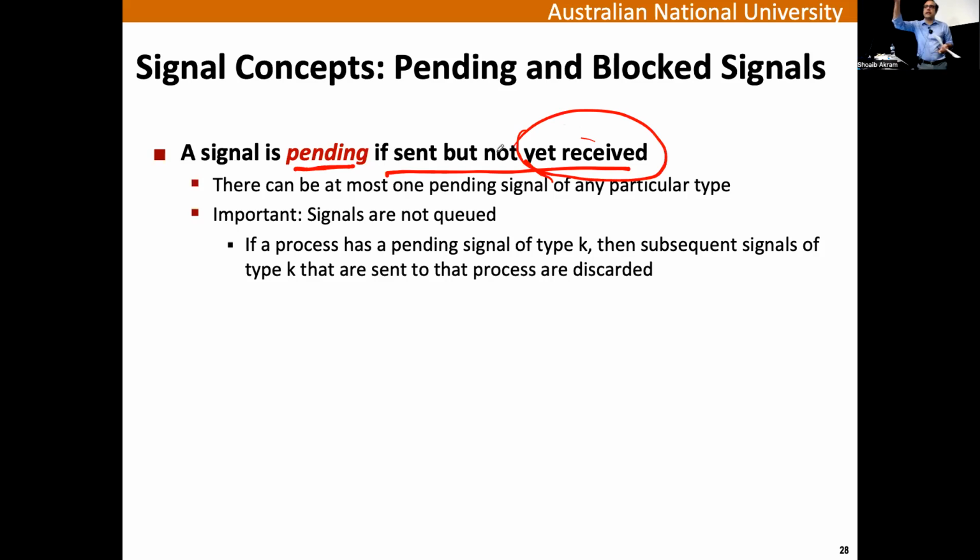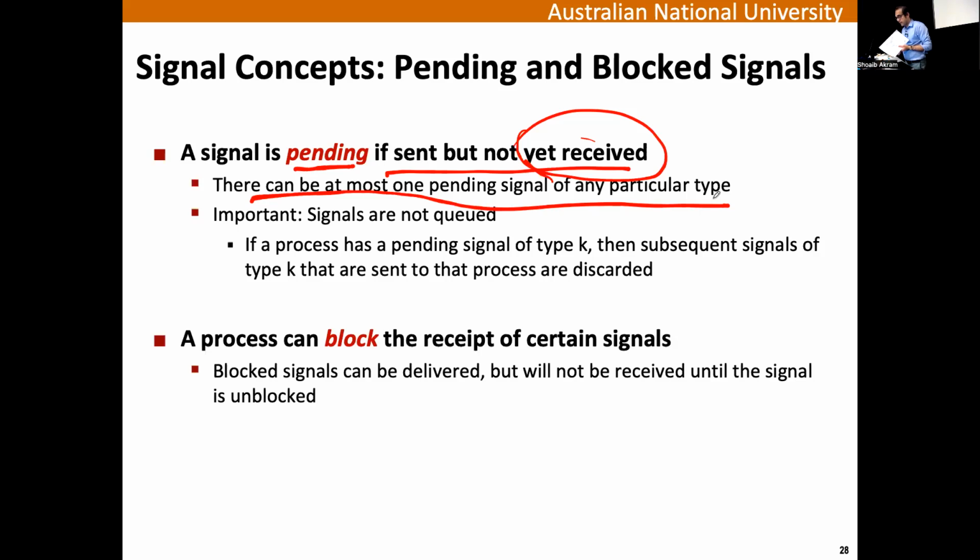At special points, it tells the program there is a signal waiting for you, okay? There can be at most one pending signal of any particular type. So from the command line, if I keep typing Control-Z, Control-Z, Control-Z, Control-Z, Control-Z, there are not 10 pending signals. There's only one pending signal. Signals are not queued. If a process has a pending signal of type K, then subsequent signals of type K are not sent to the process and are discarded.